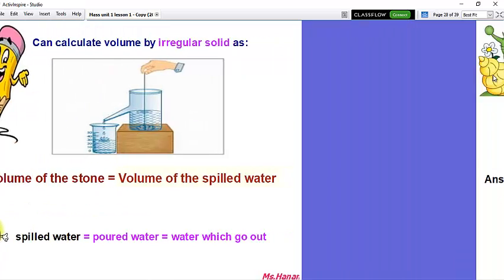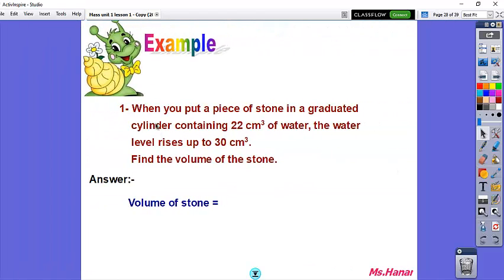Example number 1. When you put a piece of stone in a graduated cylinder containing 20 cubic centimeters of water, the water level rises up to 30 cubic centimeters. Find the volume of stone. How to answer this problem? You know the volume of stone equals V2 minus V1.